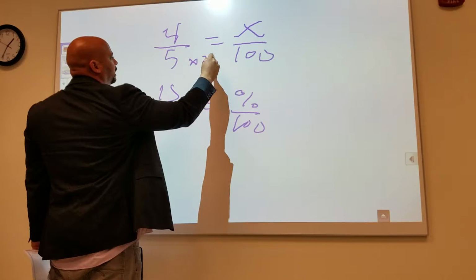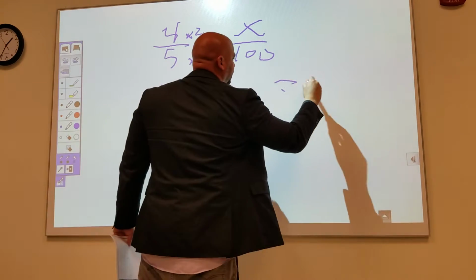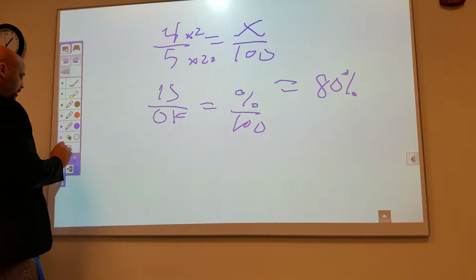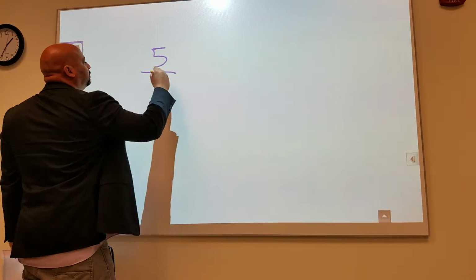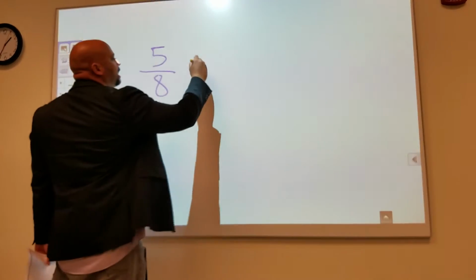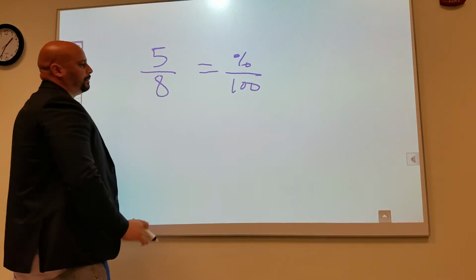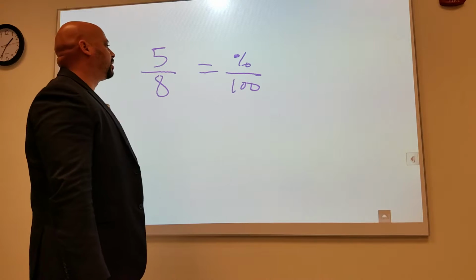So 5 times 20 is 100. 4 times 20 is 80 over 100, or 80%. Okay, that's one example. Is that clear? Okay. So the next thing we're going to look at, that doesn't always work. Now, 5 over 8, if we tried that same formula, equals percent over 100, we don't have any perfect number that multiplies into 100. Okay, so it's not going to work so perfectly.